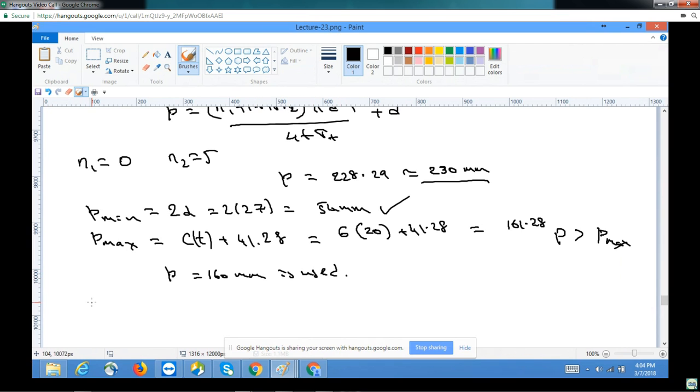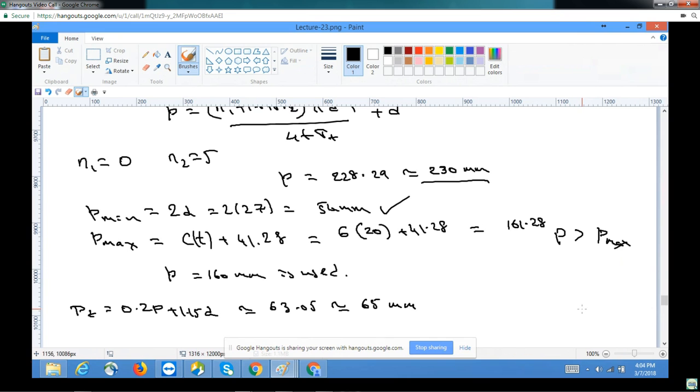And then for the transverse pitch, PT, we'll use 0.2P plus 1.15 d, that happens to be 63.05, approximated to 65 mm.